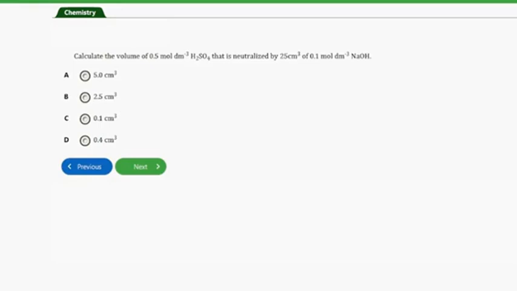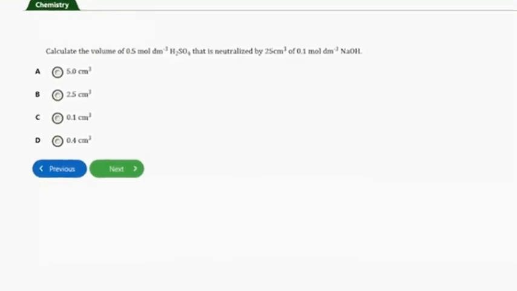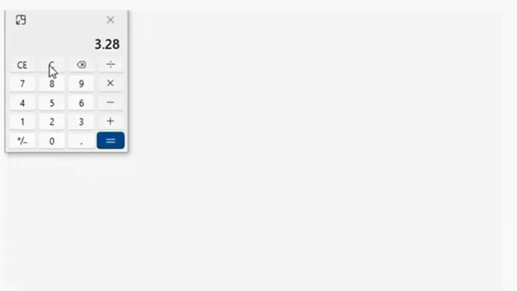So guys, again, here we need to write the equation of the reaction. So we are simply going to zoom right in here to our workspace. So let's go ahead and write the equation of the reaction.